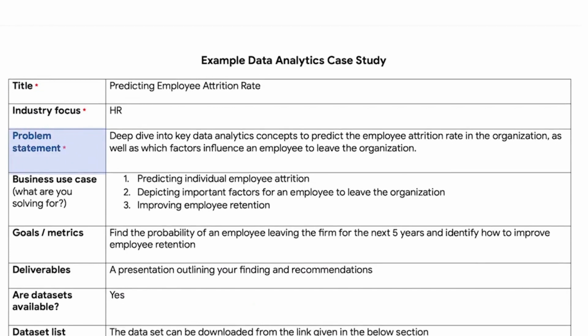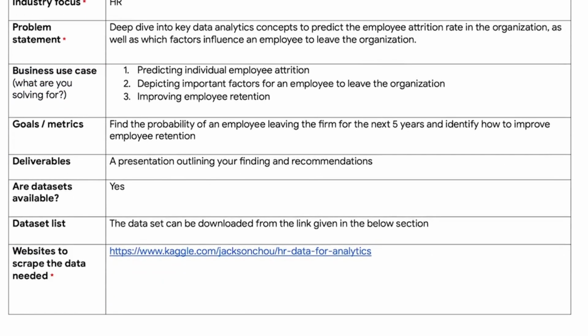In this case, they're asking for a deep dive into key data analytics concepts to predict the employee attrition rate in the organization, and which factors influence an employee to leave the organization. So basically, this case study is interested in predicting the rate at which employees might leave the organization and why. There's some more specific goals in the next section.